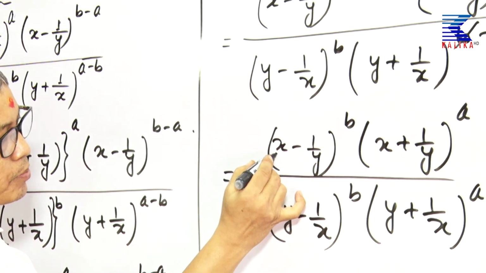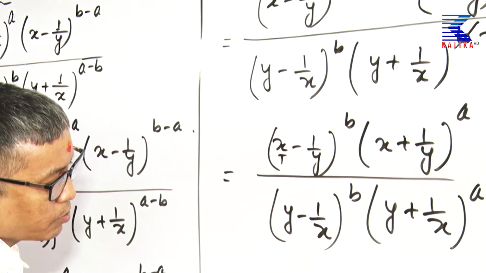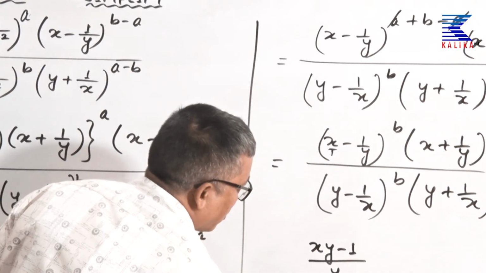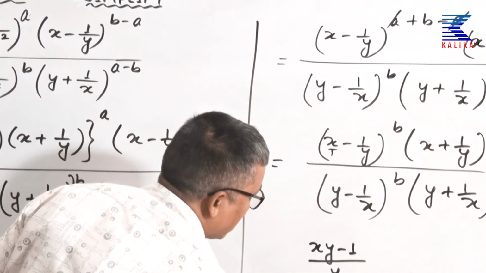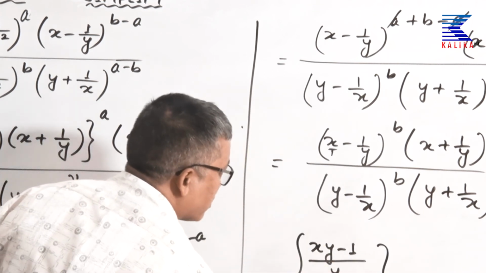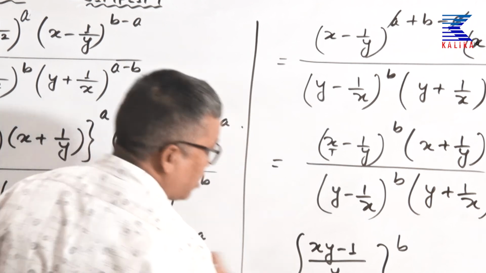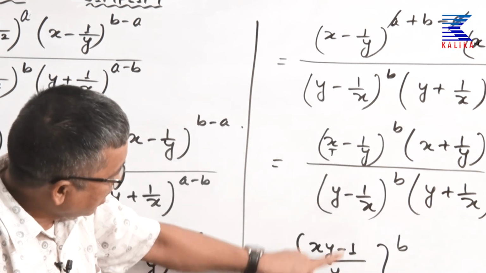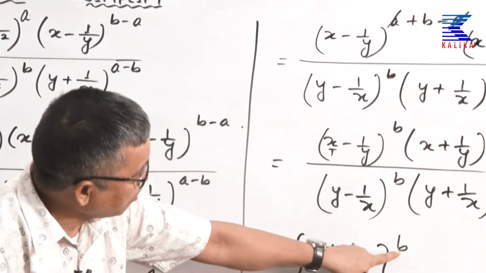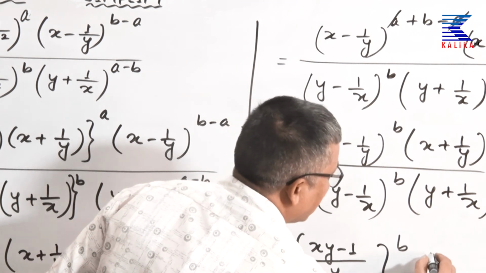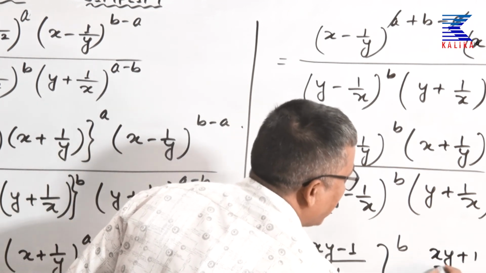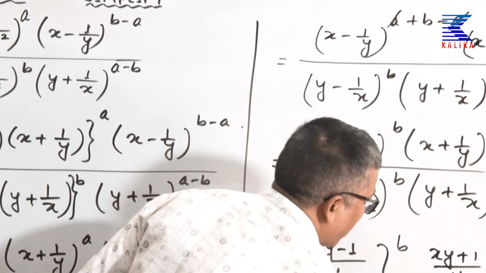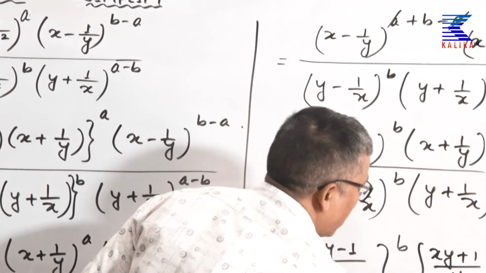Then we can write, and suppose this by 1, taking LCM, (xy − 1)/y whole upon (xy − 1)/x to the whole power b. Okay? Any confused? Y is LCM, (xy − 1)/1 and (xy − 1)/x to the whole power b. Similarly, in here also (xy + 1)/y whole upon (xy + 1)/x to the whole power a.